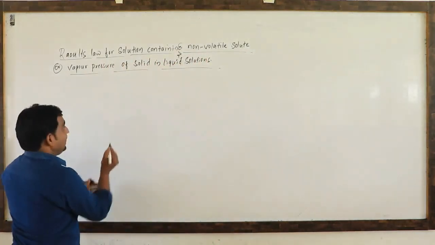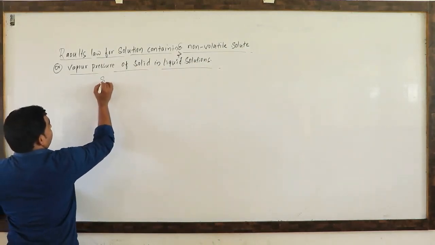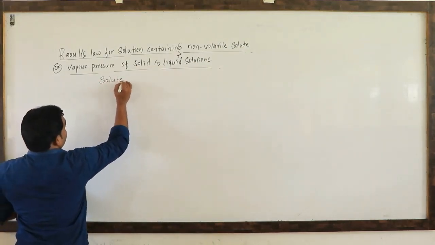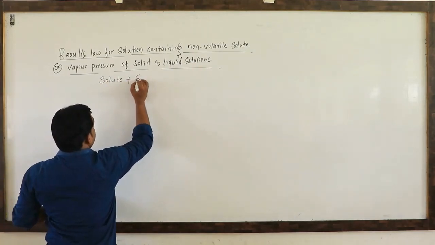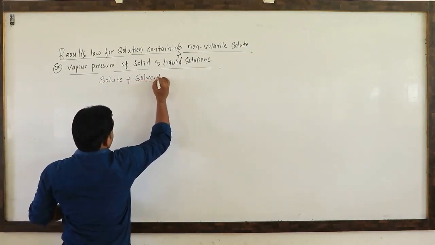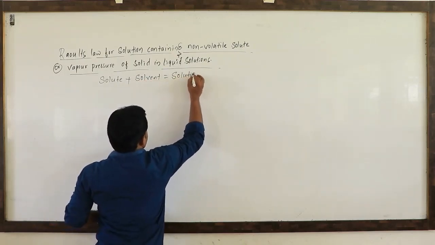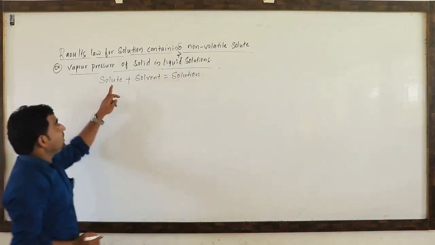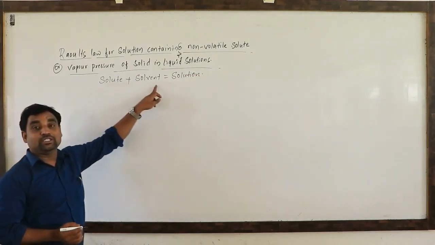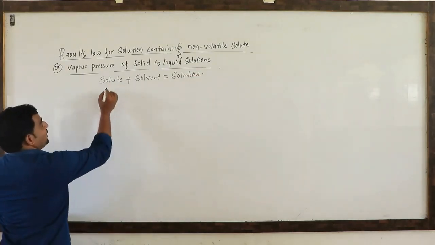As we already know, when solute is added to the solvent, a solution is formed. Here the solute is a solid and the solvent is a liquid. What about the nature of the solute?